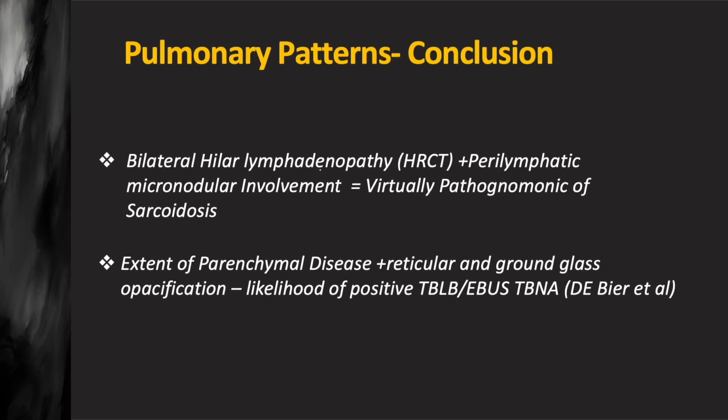So let's conclude that there are a few things that are very common in sarcoidosis on a CT scan. When you see a bilateral hilar lymphadenopathy and a perilymphatic micronodular involvement, that's virtually almost always diagnostic of sarcoid.